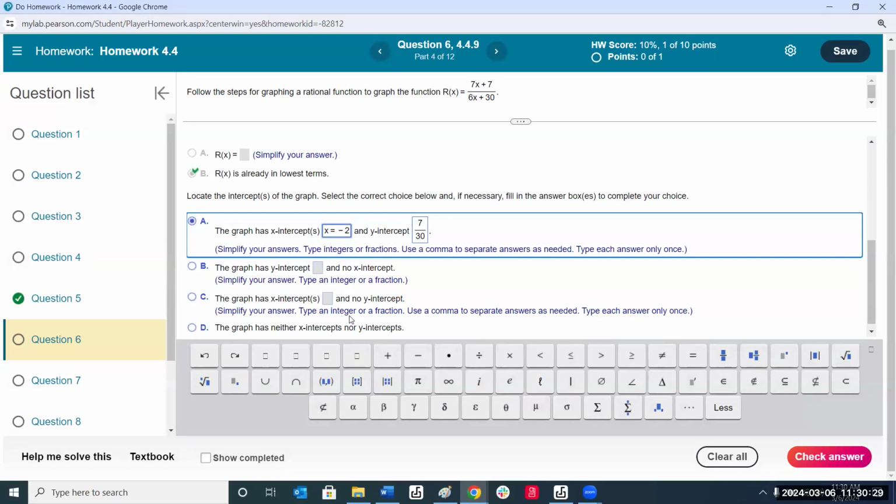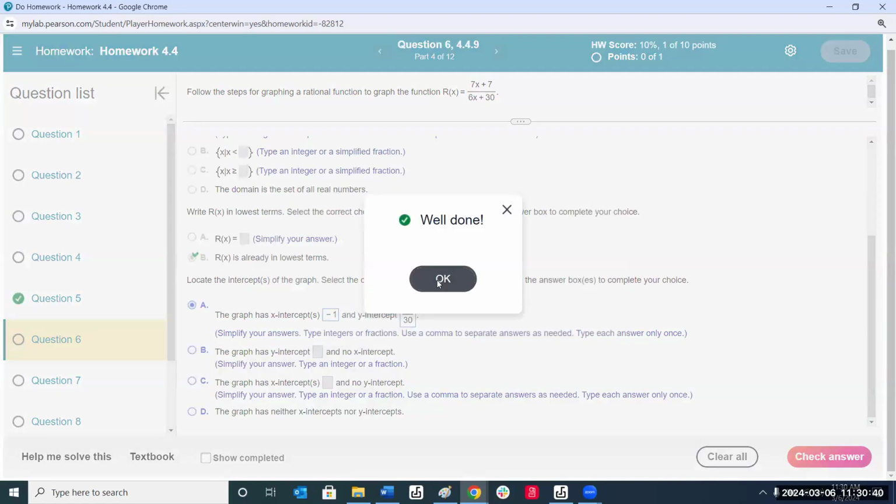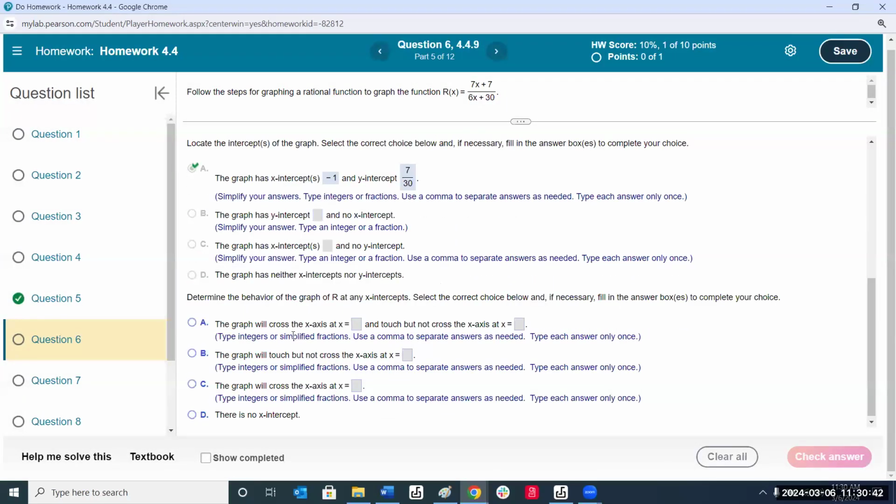Oh, so there's that -1, -2, right? Oh, -1, I'm sorry, yeah. Now the behavior of the graph at any x-intercepts: the graph will cross the x-axis. Well, maybe let's go over here and graph this function.